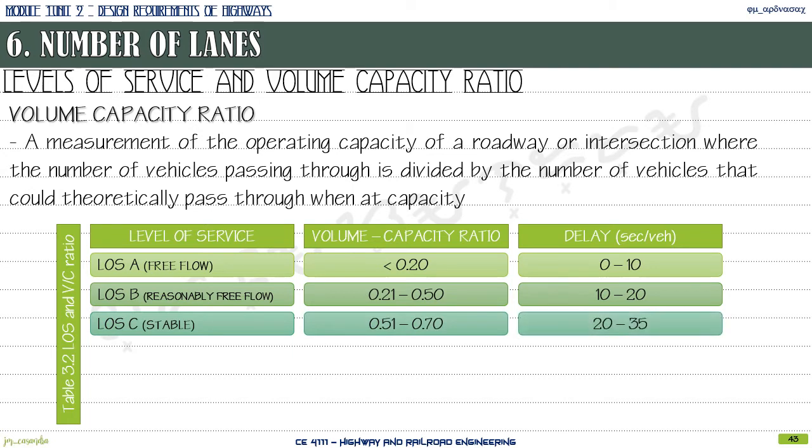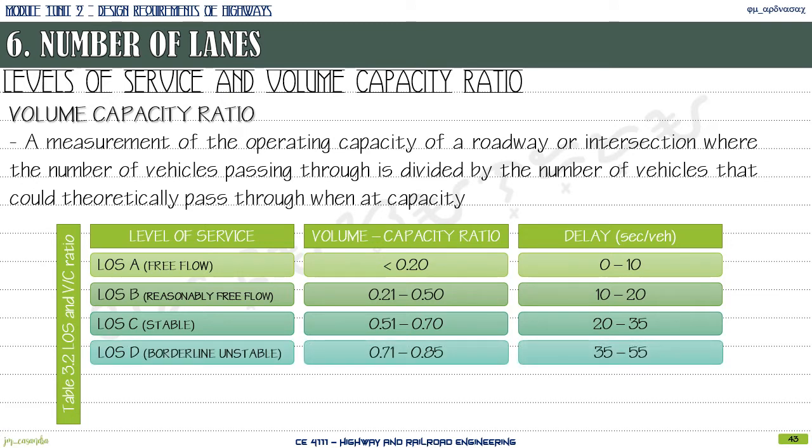For LOS C, the maximum is at 70% of the capacity. LOS D will be at 85% of the capacity occupied by the road section at most times.